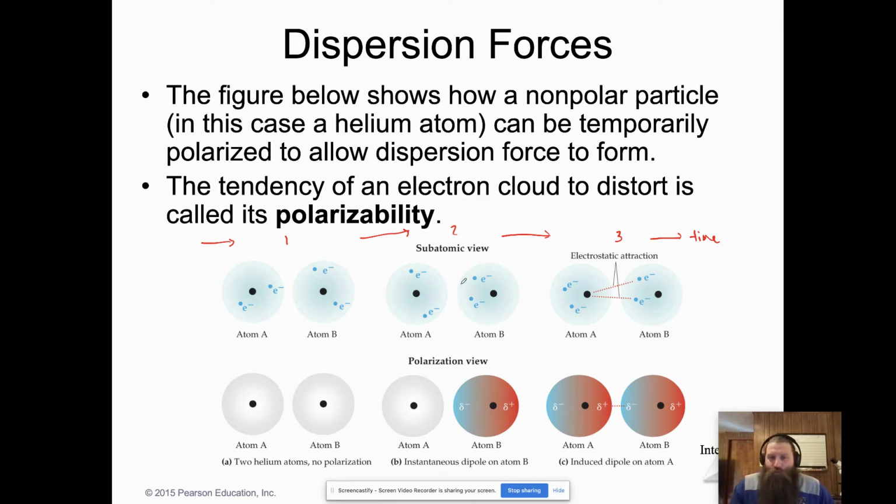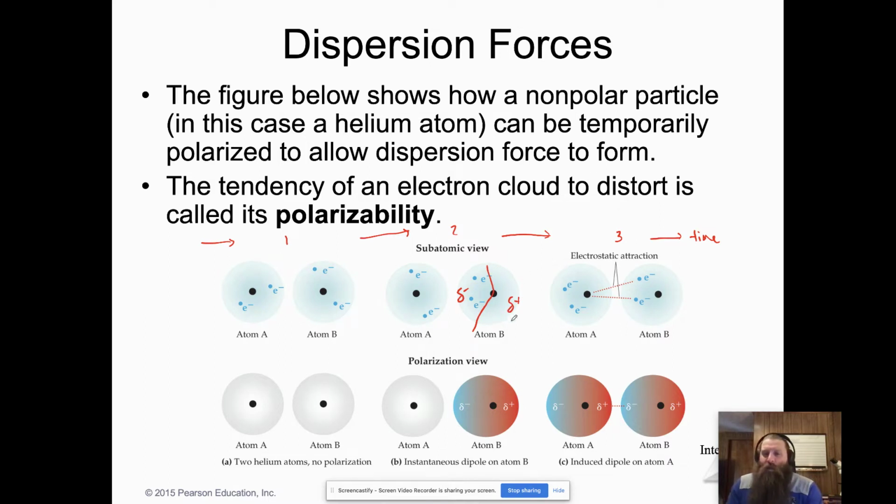And in time period 2, in snapshot 2, we notice that this region of the molecule now has the electrons. So this is a delta negative. This is a partial negative charge, which means the other side has a partial positive charge.